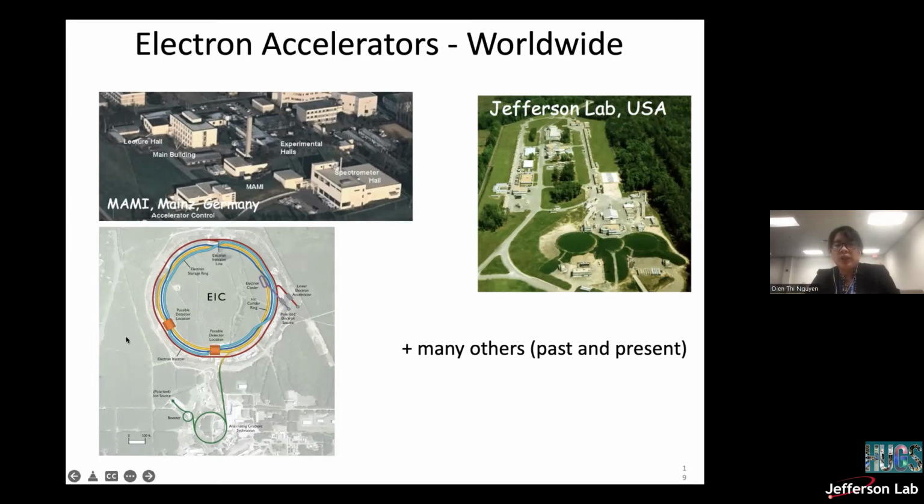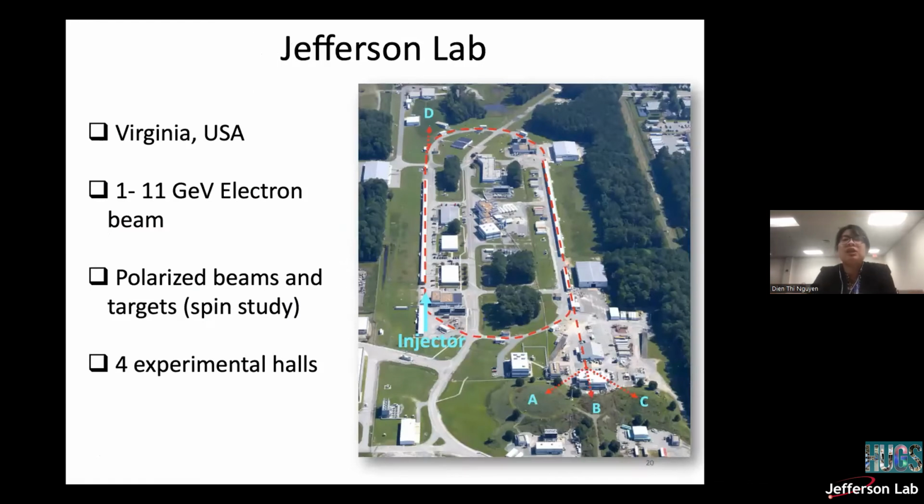And we are going to build a new one, the EIC. I think you have heard about the EIC a lot during the school, and I will come back to talk with you more about the EIC at the end as well. Because you are here at Jefferson Lab, I will give it a little more introduction.